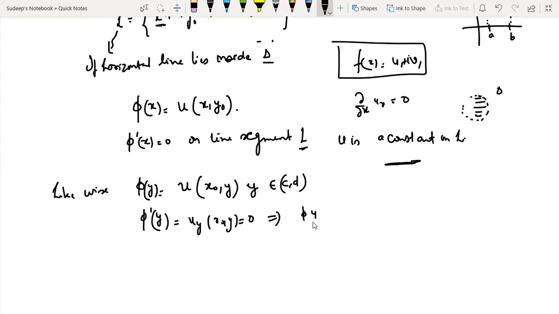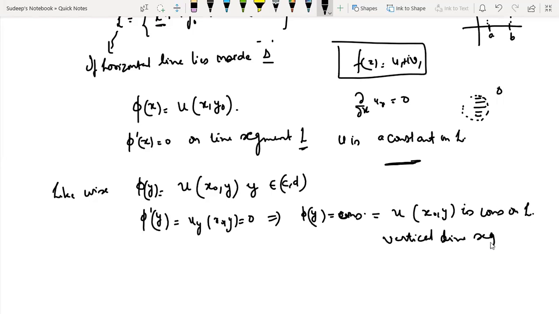It implies that phi dash y is 0. It implies phi y is a constant, and it implies that u of x naught comma y is a constant on the line segment L. It implies that u is also constant on any vertical line segment.